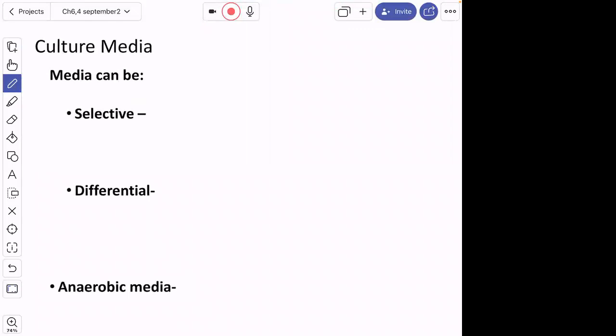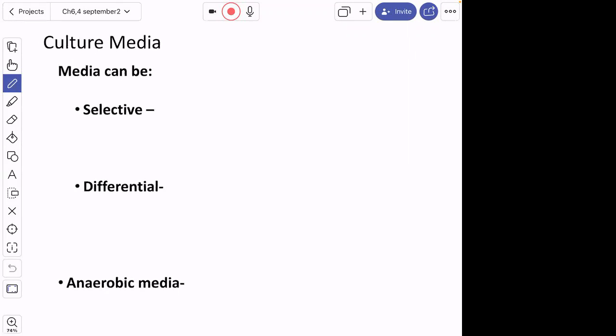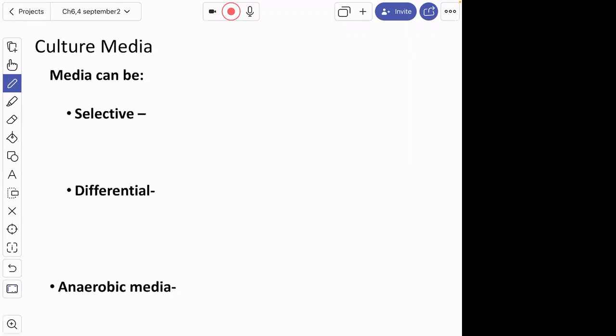Culture media can also be selective or differential. You're going to talk about that a little bit later in lab, but we use several examples of both of those. Media can be considered one or the other, or both, or neither one. Okay. A selective media is a media where certain organisms are inhibited.